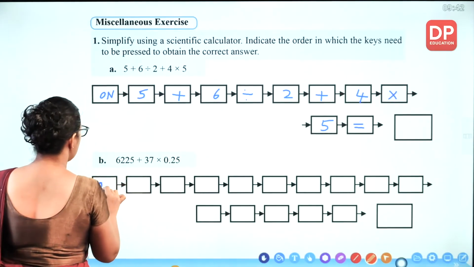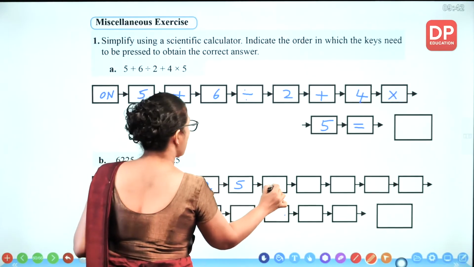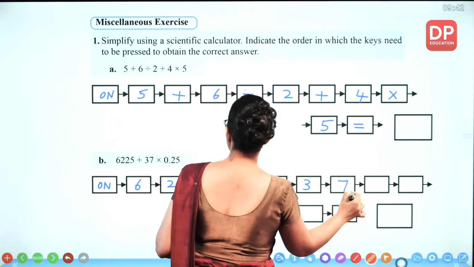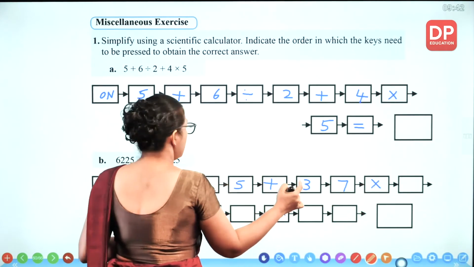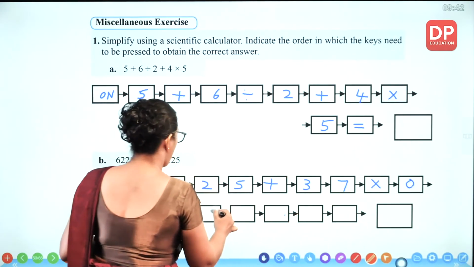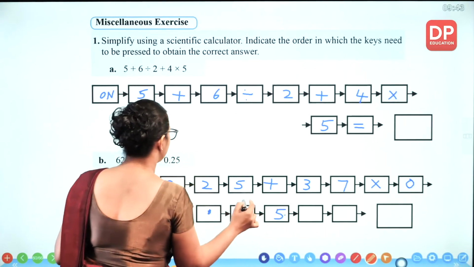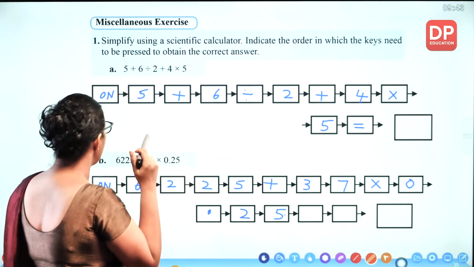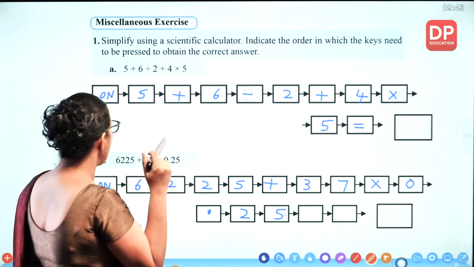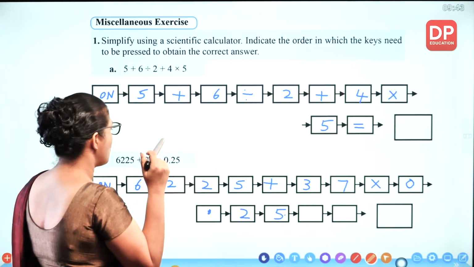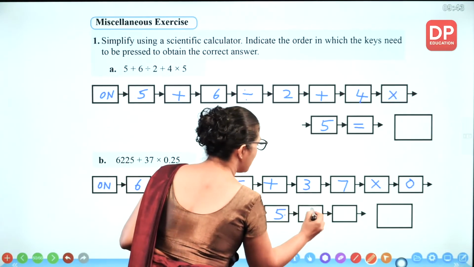Here, switch on the calculator. 6225 plus 37 multiplied by 0.25. And here you need only the equal sign.